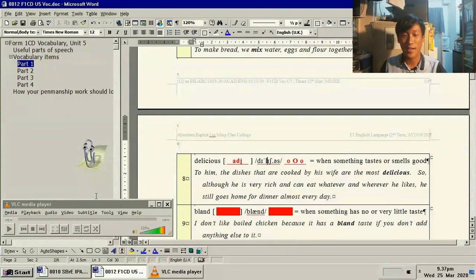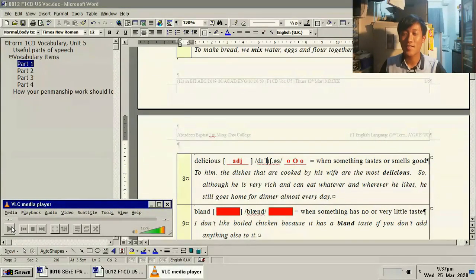So let's practice reading. Delicious. When something tastes or smells good. To him, the dishes that are cooked by his wife are the most delicious.